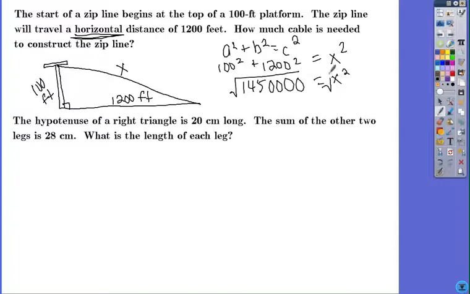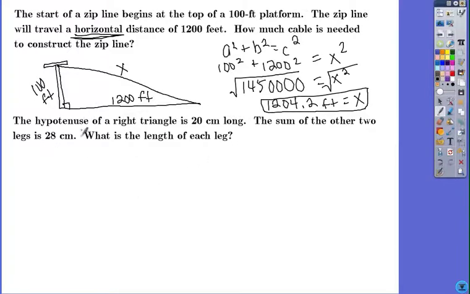So then, solve for x, you square root both sides. Your approximation for this is approximately 1,204, so 1,204 feet would be how much cable you need to make the diagonal zip line.